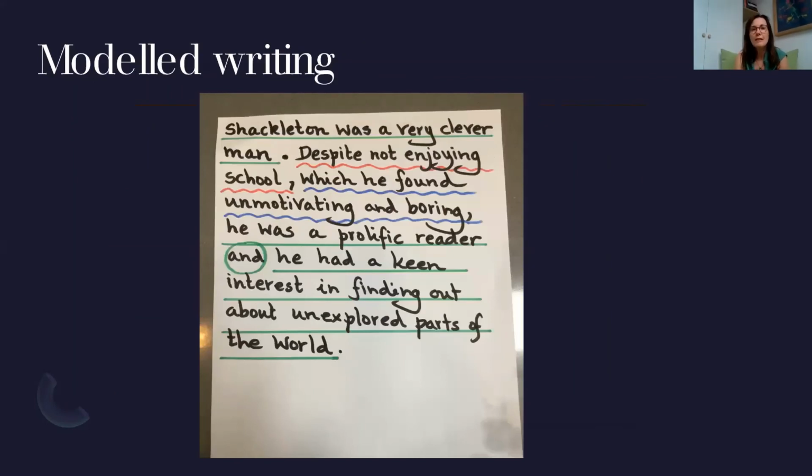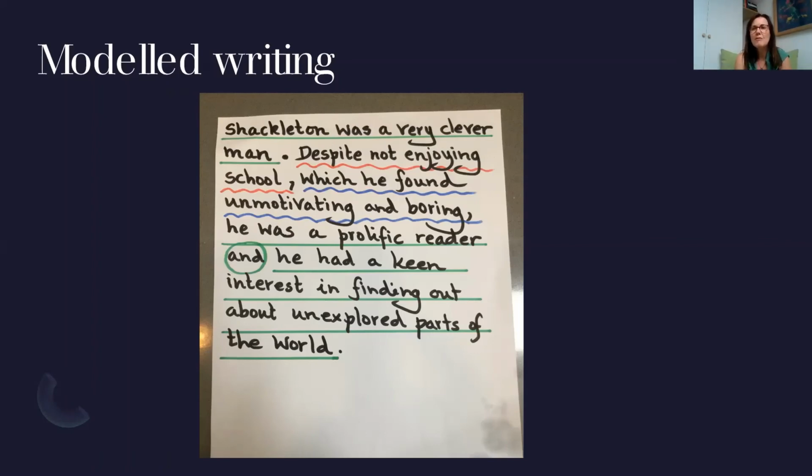Here's my modelled writing. Now, I started with just a simple sentence. Here I'm just going to demonstrate one simple sentence followed by my multi-clause sentence. If you notice where the full stop is, my first sentence is separate from this activity. I wanted to give the idea of what my main clause was going to be about.